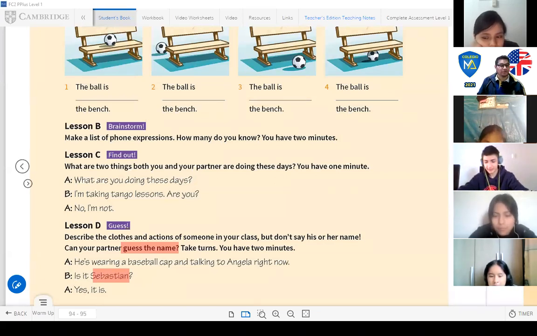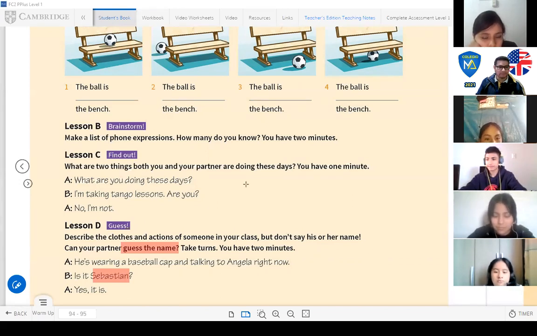Okay, yeah, if you can notice, it's Angeli, right? Angeli is wearing a black sweater and she's wearing white headphones. White headphones, right? Okay, yeah, this is to describe what someone is wearing.